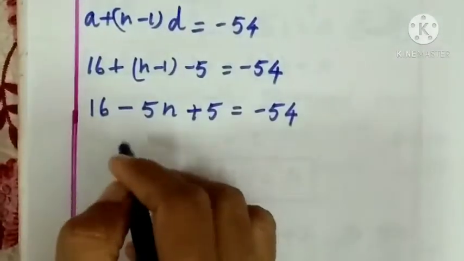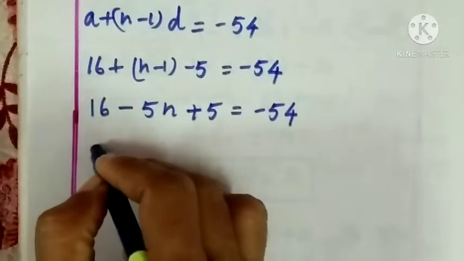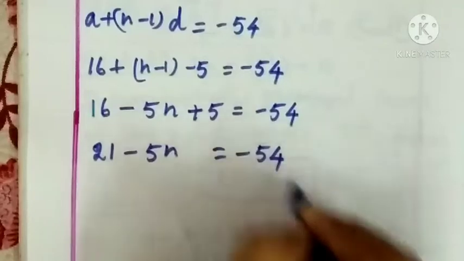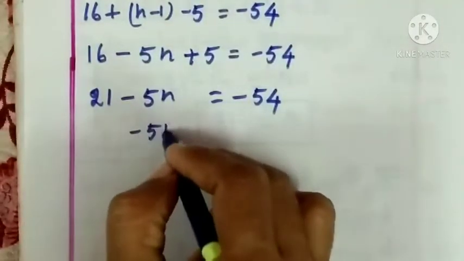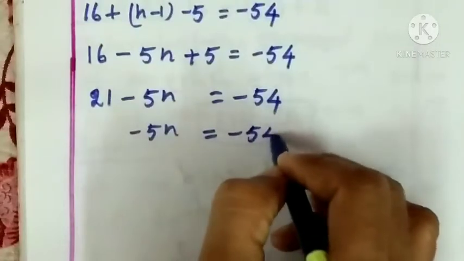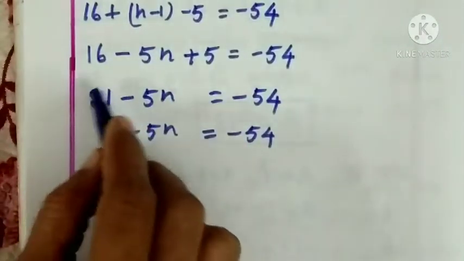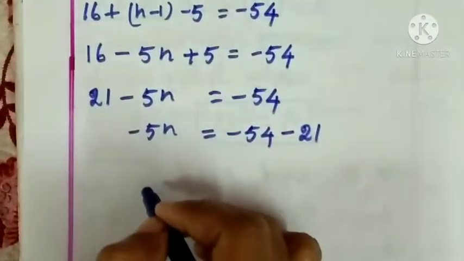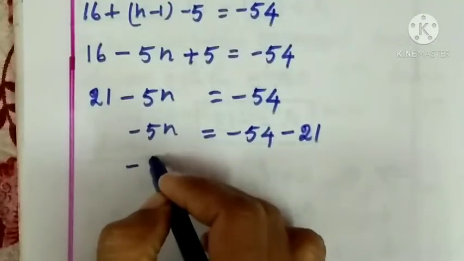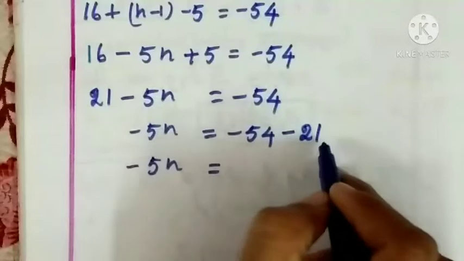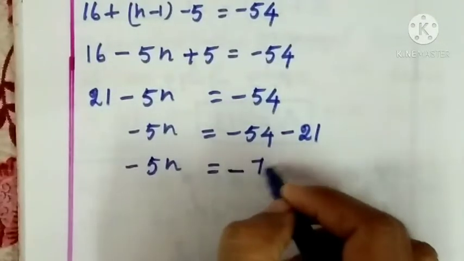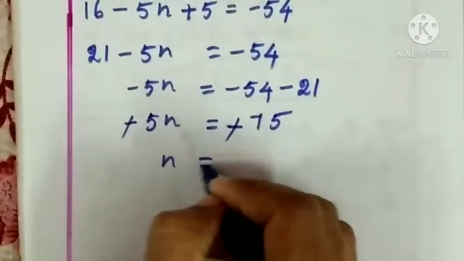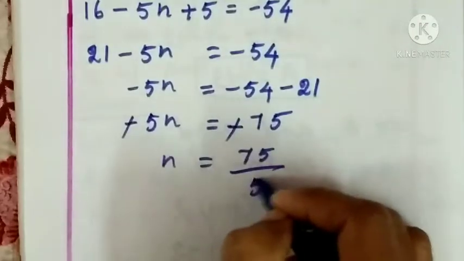That is 16 plus 5, 21 minus 5n is equal to minus 54. Transpose this 21 after the equal, means it becomes minus 21. That is, now minus 5n is equal to minus 54 minus 21, which is minus 75. Now minus minus cancel, then n is equal to 75 divided by 5.